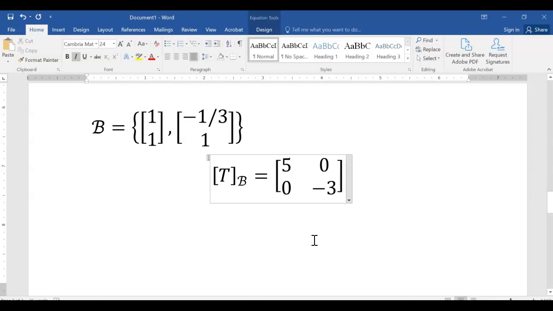So you switch the eigenvalues there. So there we go. My transformation with respect to this basis is 5, 0, 0, -3, and then we're good to go.